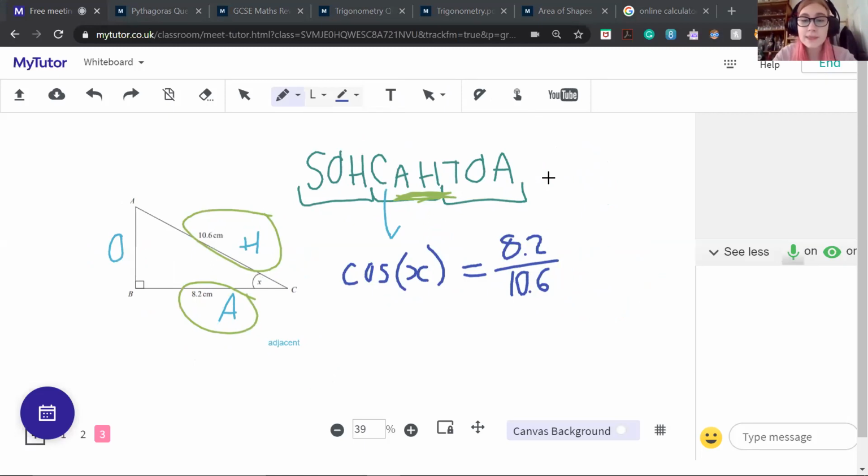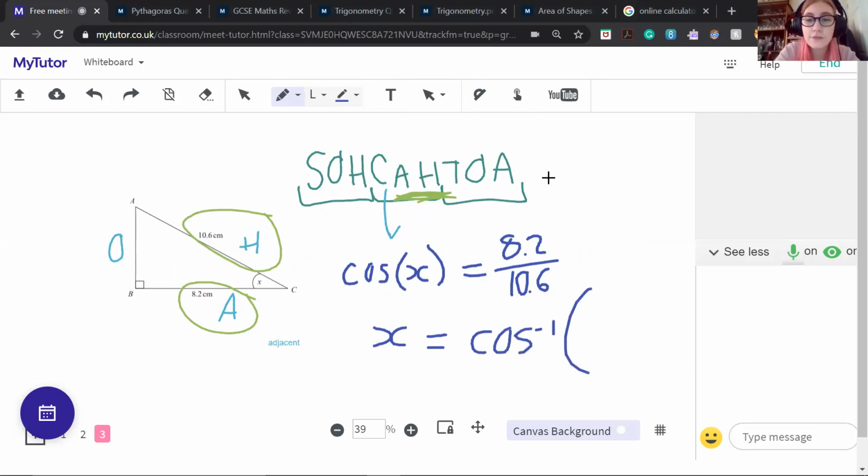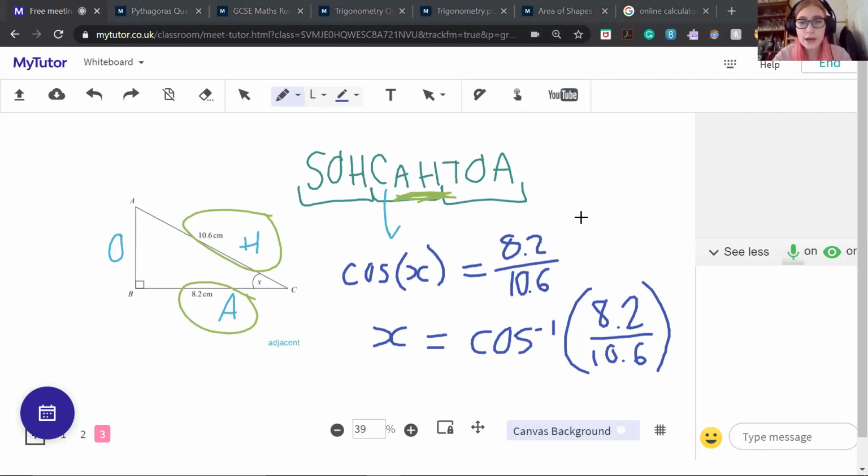And then remember, to get x out of this, we're going to apply the inverse. So how do we uncos something? We apply cos inverse, just like we did last time with sine inverse. So x is cos inverse of 8.2 over 10.6. And then we can just put that straight into our calculator. And I'd really recommend putting it in before you work out what 8.2 over 10.6 is.